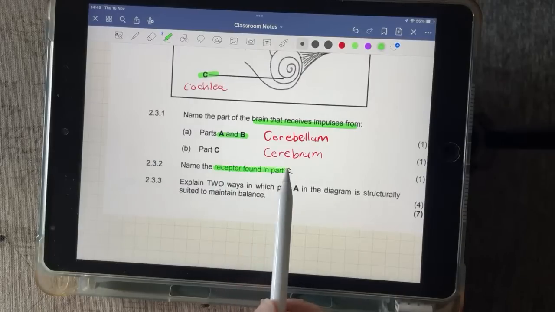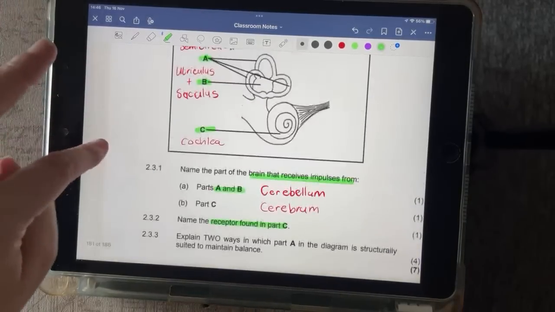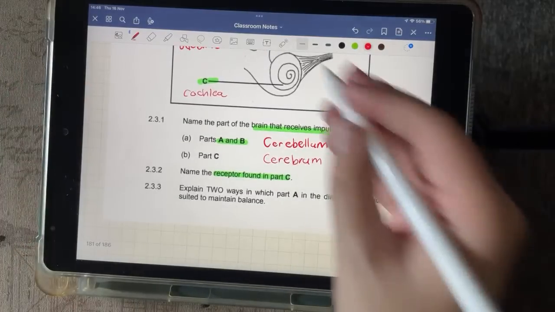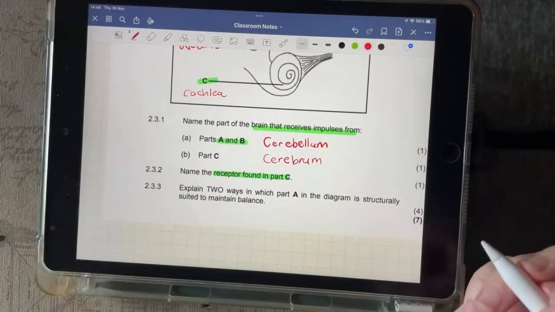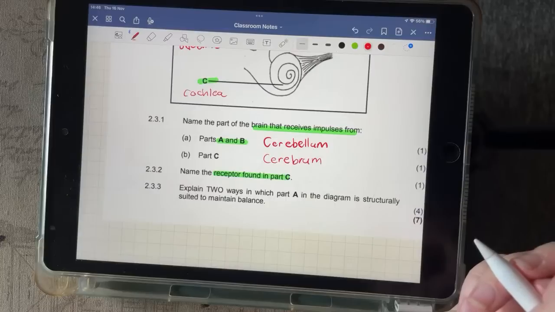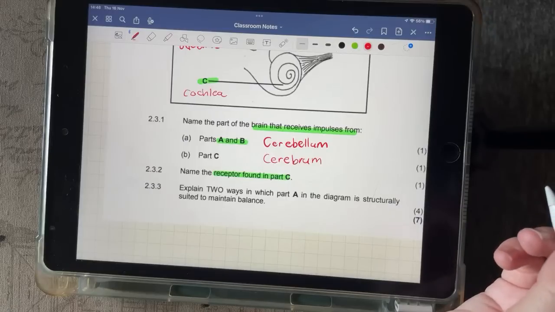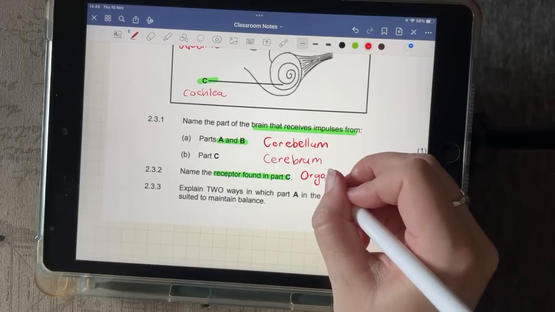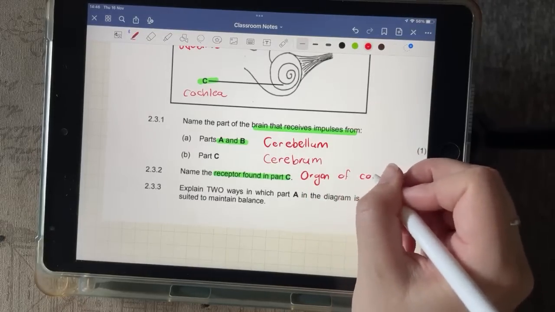Name the receptor found at part C. So what is the name of the receptor, everybody, in the cochlea? Mary Jane, you are first in there. Nikita, yes, it is the organ of Corti.